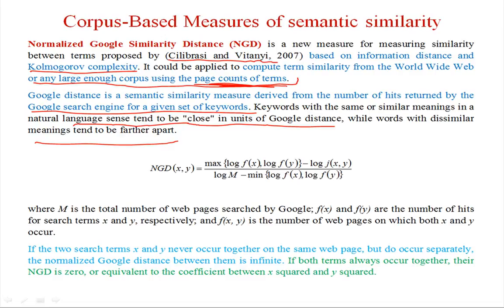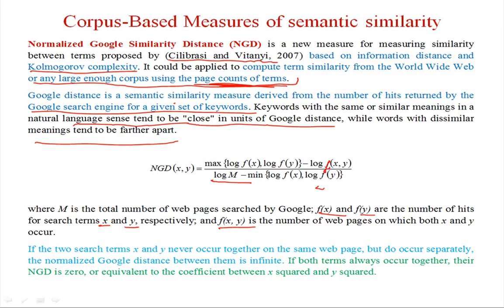Here fx and fy are the number of hits for terms x and y respectively, and fxy is the number of web pages on which both x and y occur.